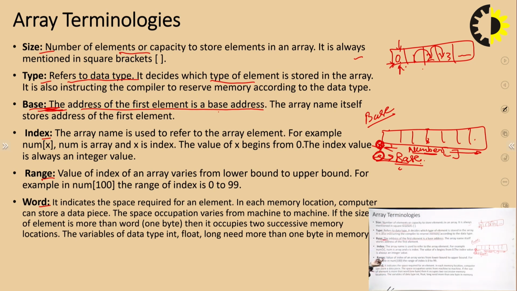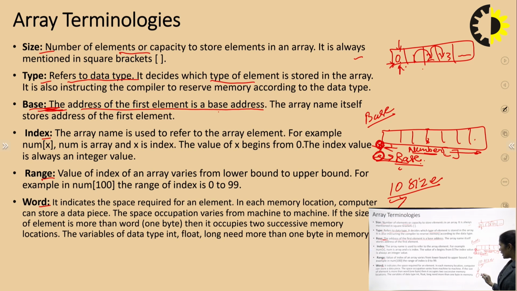And in the next point we will talk about the range. So what is the range? Range always depends on the size of the array. Suppose we are taking an array of size 10. What is the range of this particular array? As we know, the first element always starts at 0 position or 0 index.